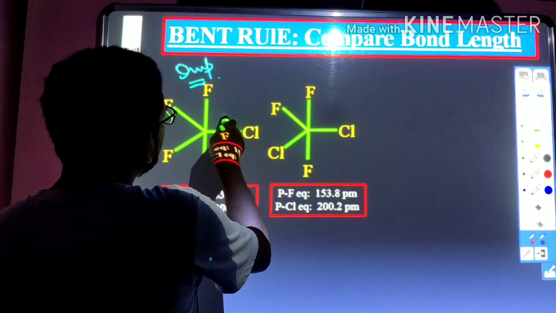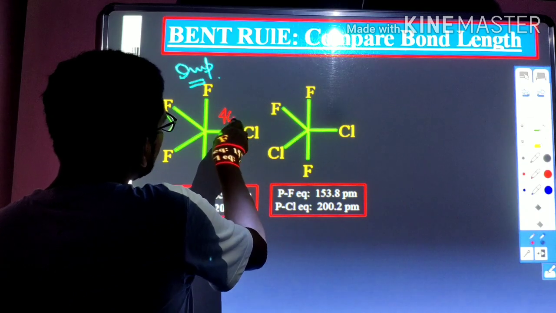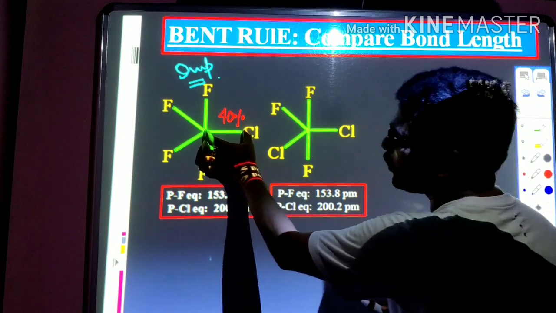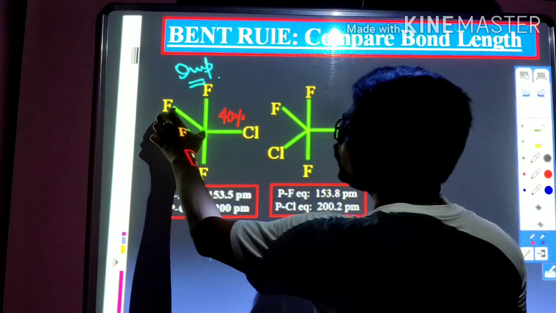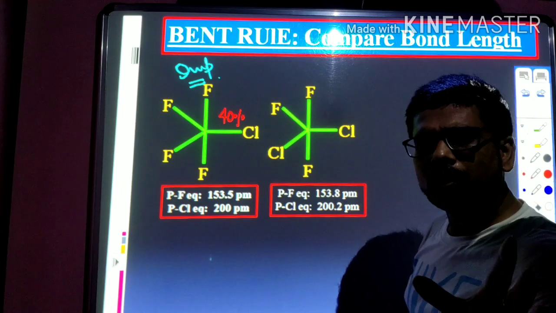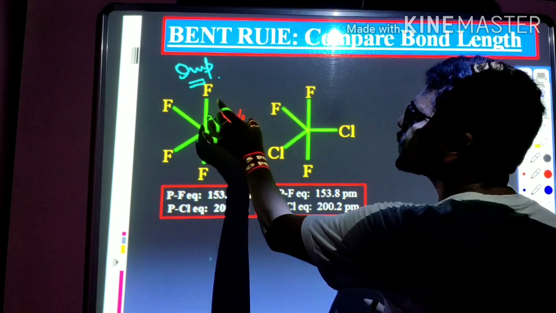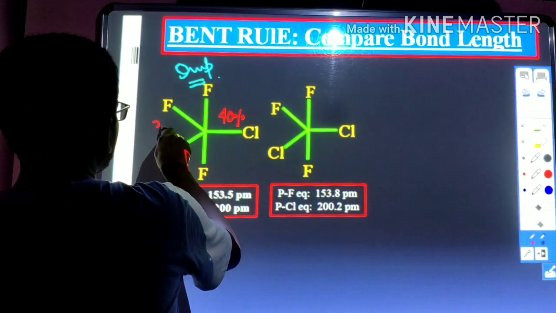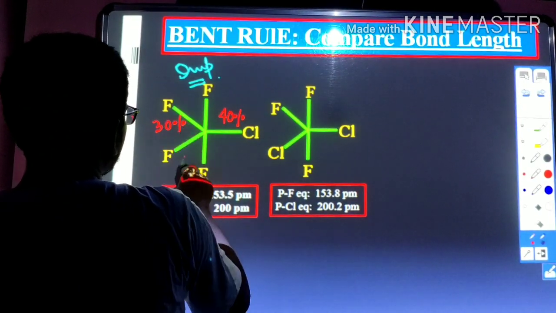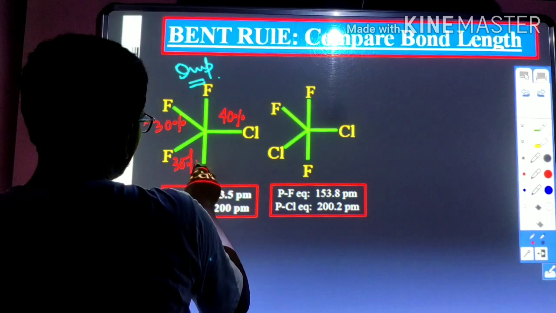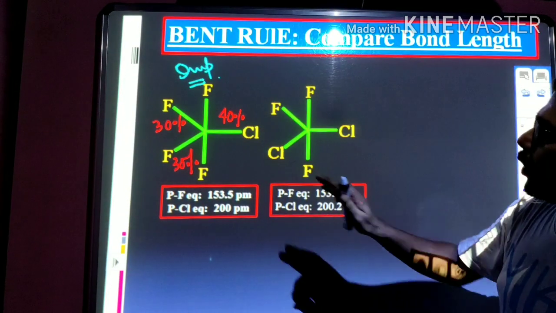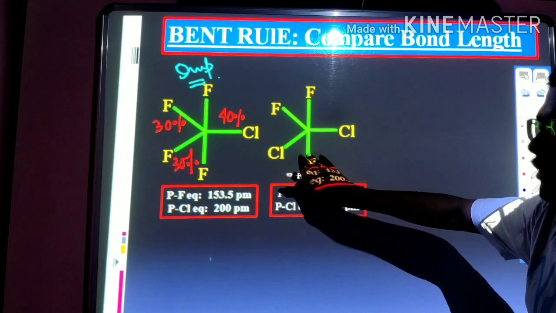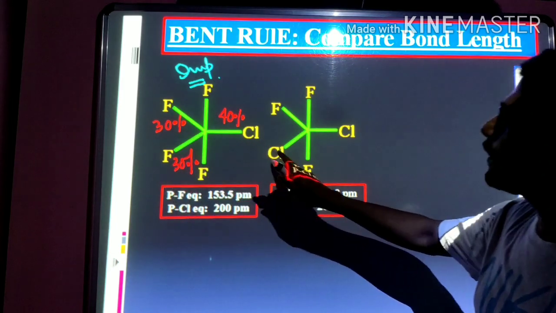If I take here, in the PCl bond the percentage of S character will be more compared to the PF bond. Let me take the percentage of S character here as 40%. So the total will be 100%, so 30% this one, and here it will be 30%. Okay, no problem. Now if you move from here to here, what happened? Fluorine gets replaced by Cl.